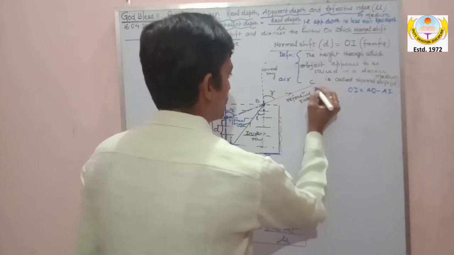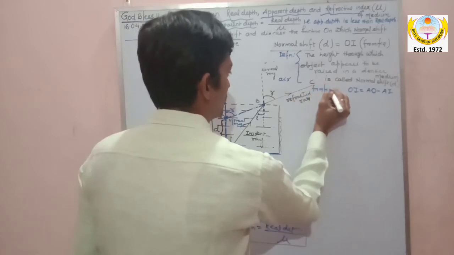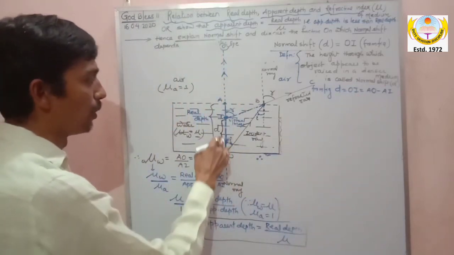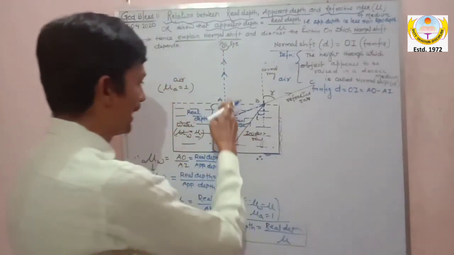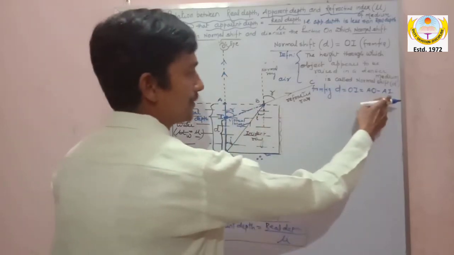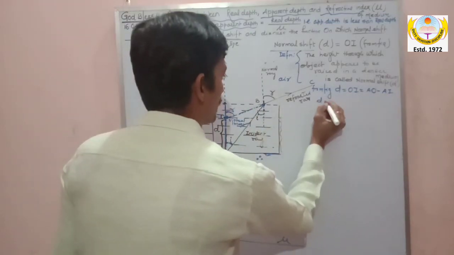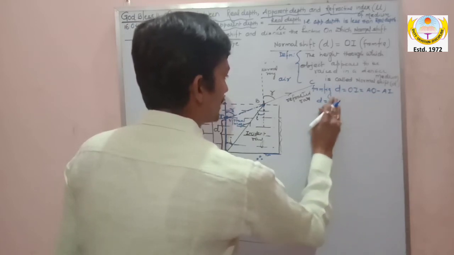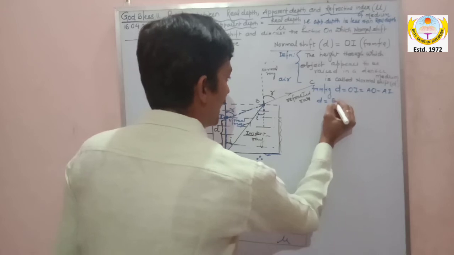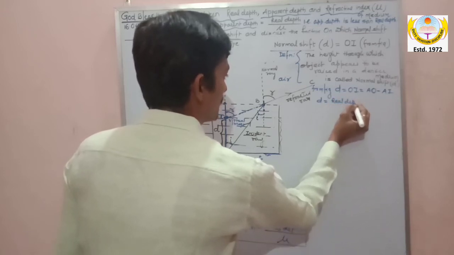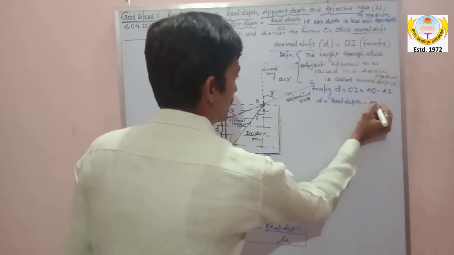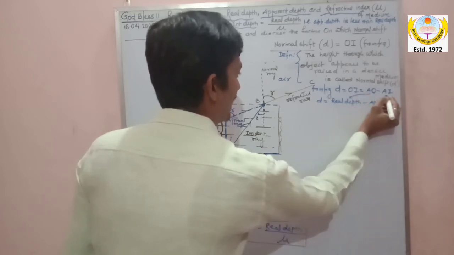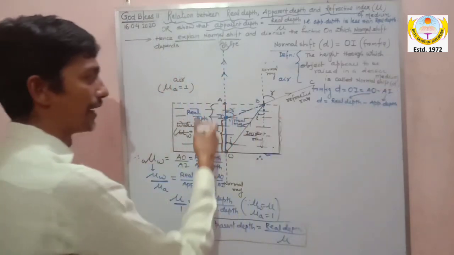So from the figure, D is equal to OI, and that OI is calculated by AO minus AI. So this D, that is normal shift, is AO minus AI. AO is what, my dear? AO is real depth minus apparent depth, because AO is your real depth and AI is your apparent depth from the figure.